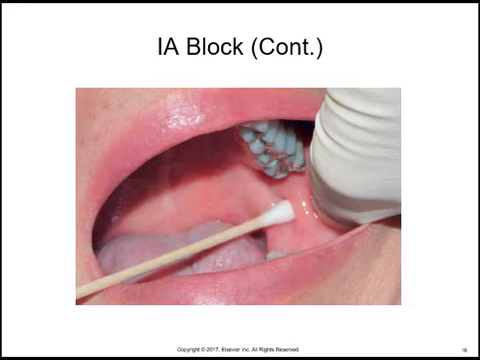The landmarks are going to be the anterior border of the ramus, the coronoid notch, the pterygomandibular fold or raphe, the pterygomandibular space, and the mandibular occlusal plane. It's important to note that, so let's say that this was your needle, the point of its insertion, the target area.